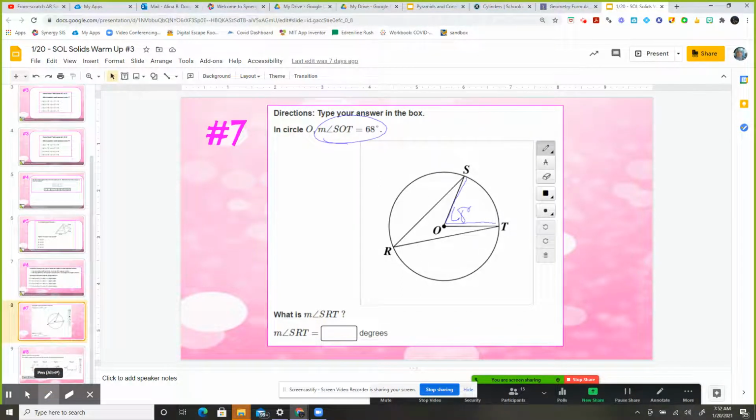So that's 68 degrees. That means this arc ST is also 68 degrees. And the inscribed angle, is that smaller or bigger? The inscribed angle is small and the arc is big. So to go from the big to the small, you've got to divide by 2, right? So this is going to be 34.